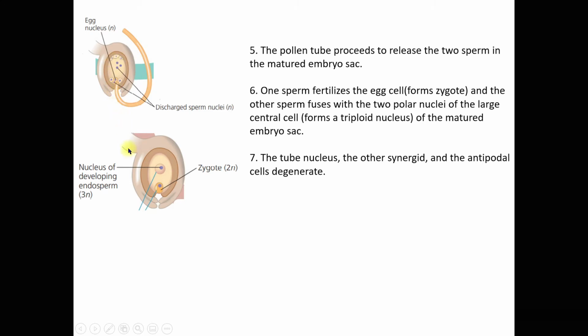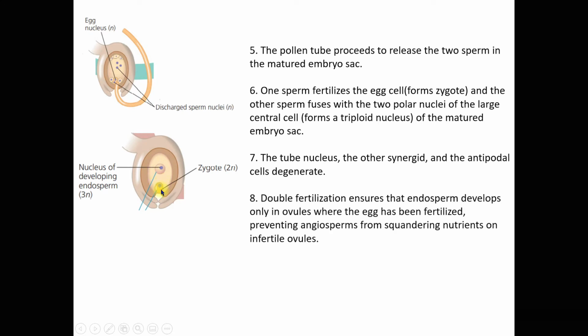Now the other synergids degenerate, and the antipodal cells also degenerate. So now what's left is the mature embryo sac, and then we have the triploid nucleus, which will develop into endosperm, and the zygote.